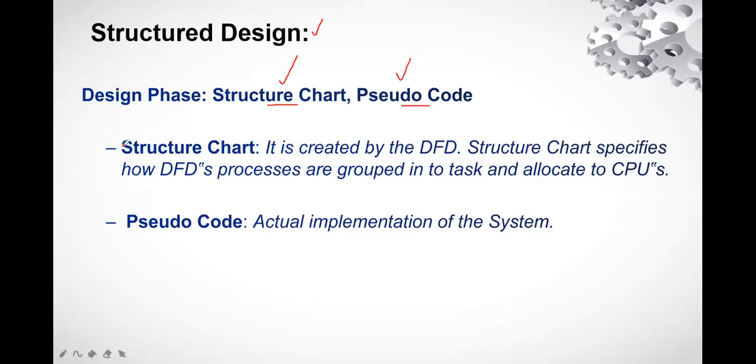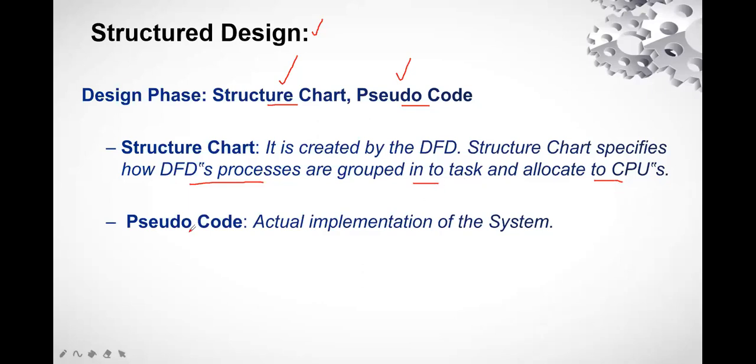First we are going to work with the structure chart. Basically, a structure chart is a detailed version of a DFD. It specifies how the DFD's processes are grouped into tasks and allocated to the CPUs. Before working on the structure chart, we should work on the DFDs to find out what was missing, so that we can include it in the structure chart, group them into tasks and allocate them to the processing unit.